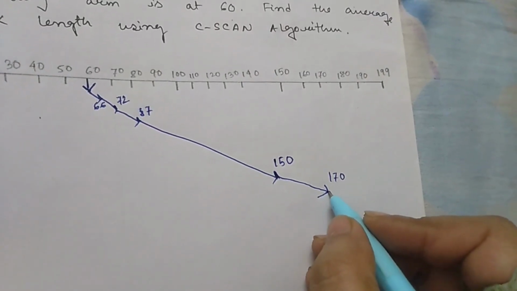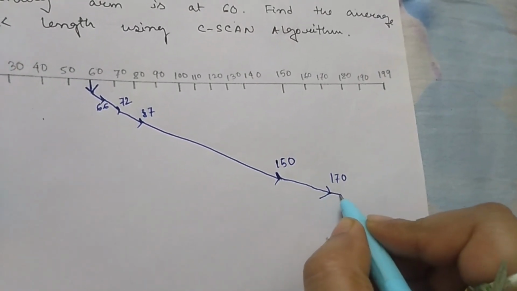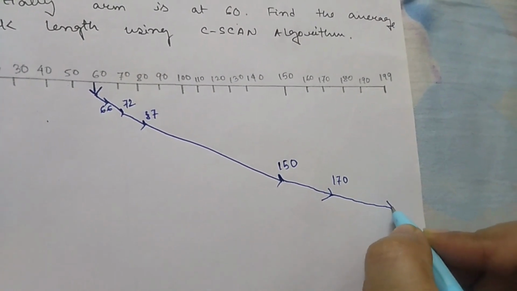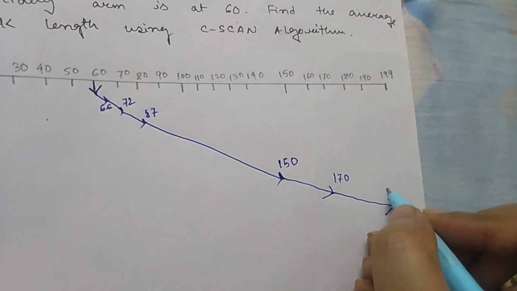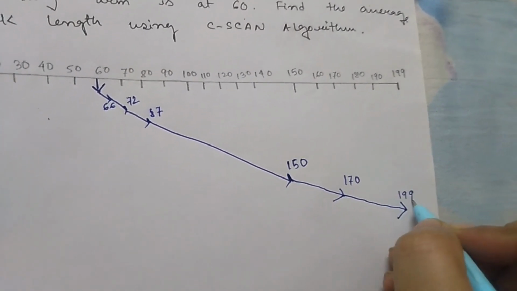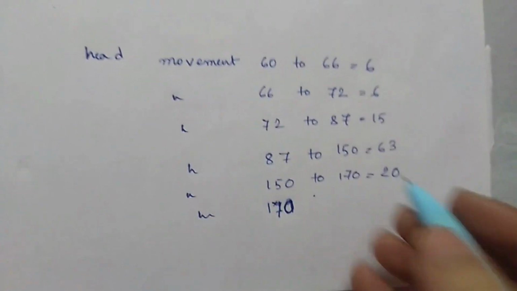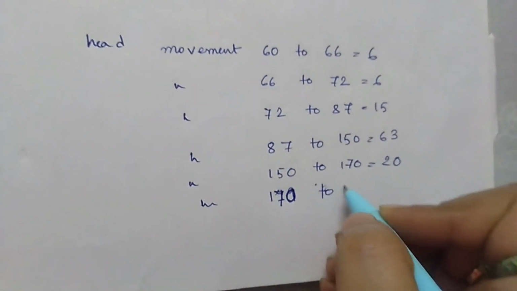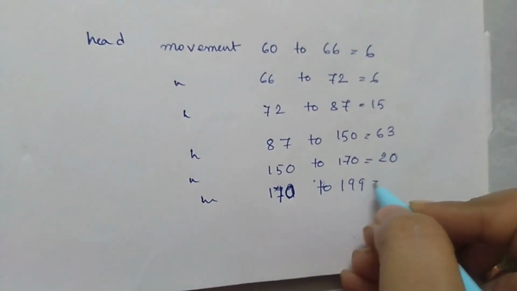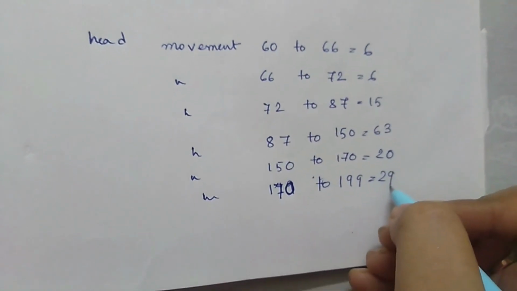According to the algorithm we have to scan the last position, that is 199. The movement is 170 to 199 and the gap is 29.